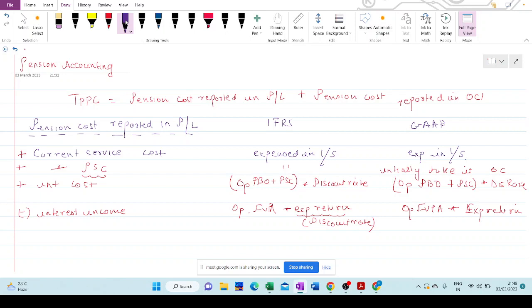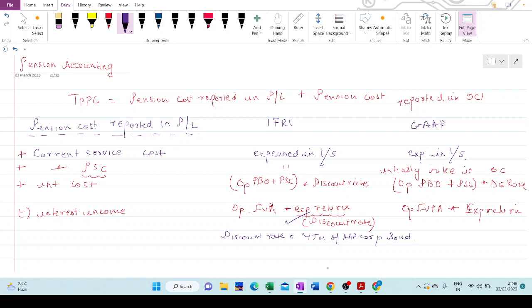Now IFRS says that your expected return is the discount rate, and what is this discount rate? Please tell me. What is the discount rate, guys? Triple A bond yield. Very good. It is the YTM of AAA corporate bonds.